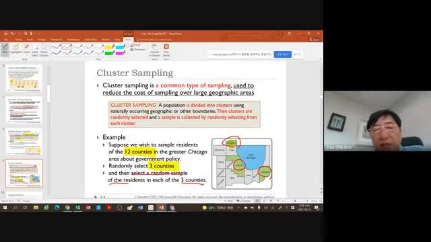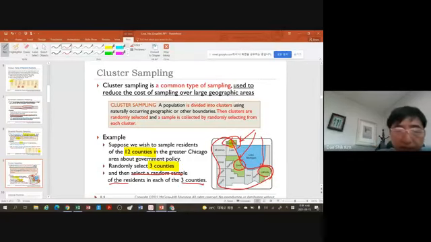Then it is cluster sampling. But how do you know that these 3 counties will represent the whole? So that's why when you choose clusters, cluster selection should be random. 3 out of 12 counties, you need to choose 3 counties randomly. This is the important thing. Randomly select 3 counties, and then you can apply simple random sampling.